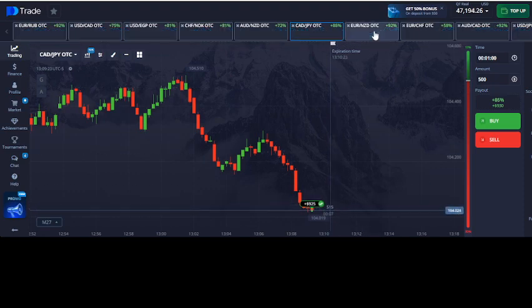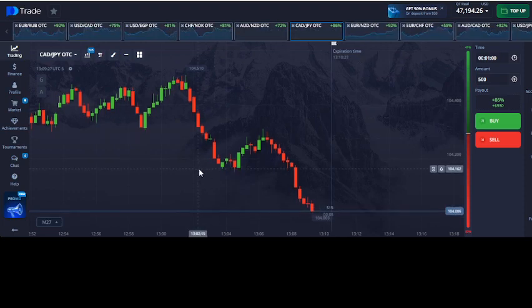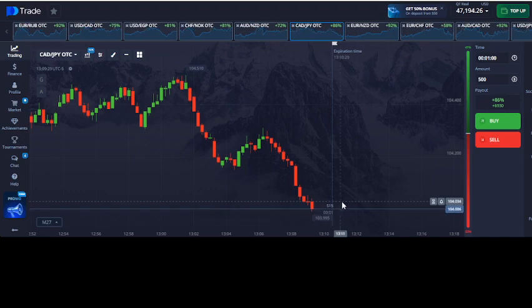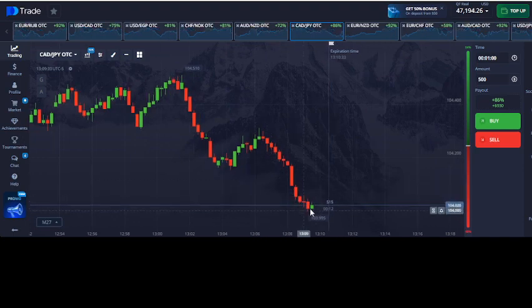Let's see if another gap forms here, because it seems to be heading downward. Okay, there may be a reverse. So let's see what happens here.